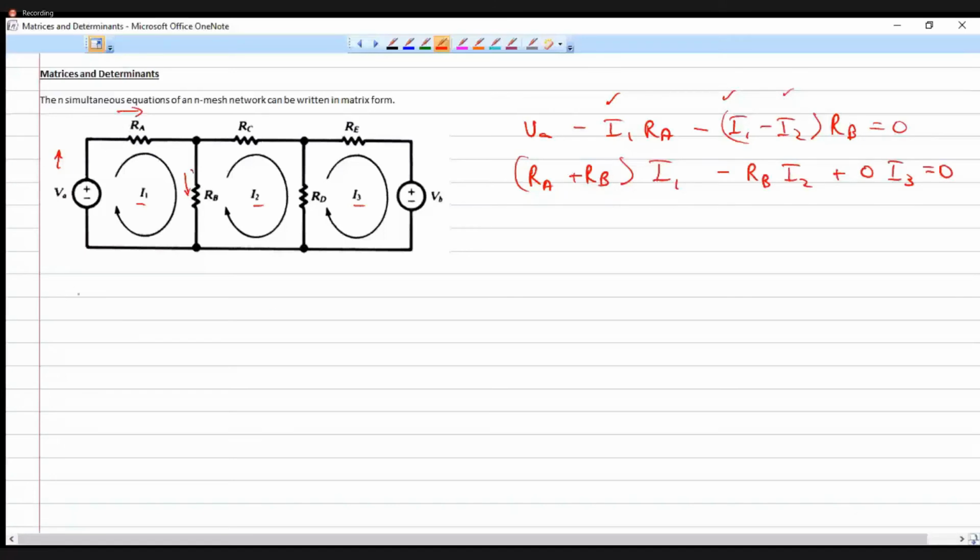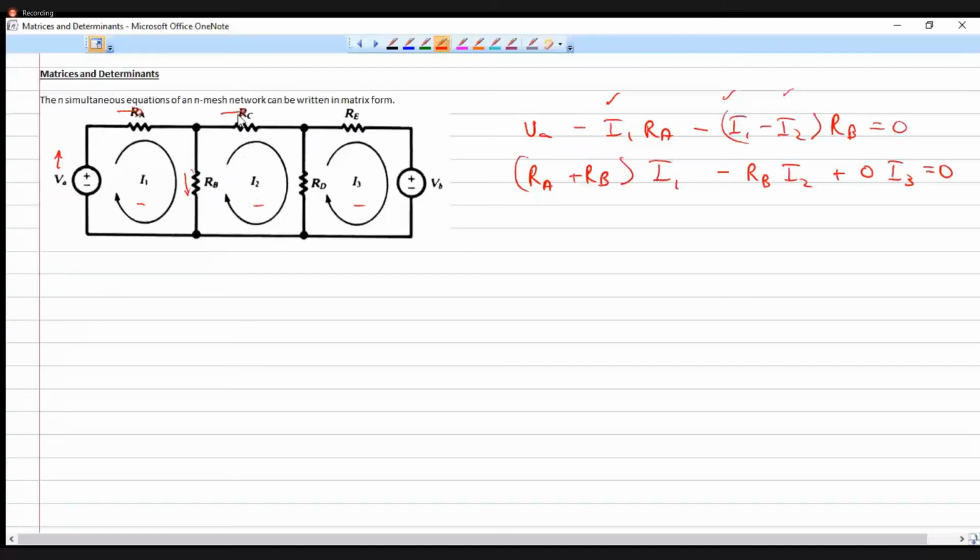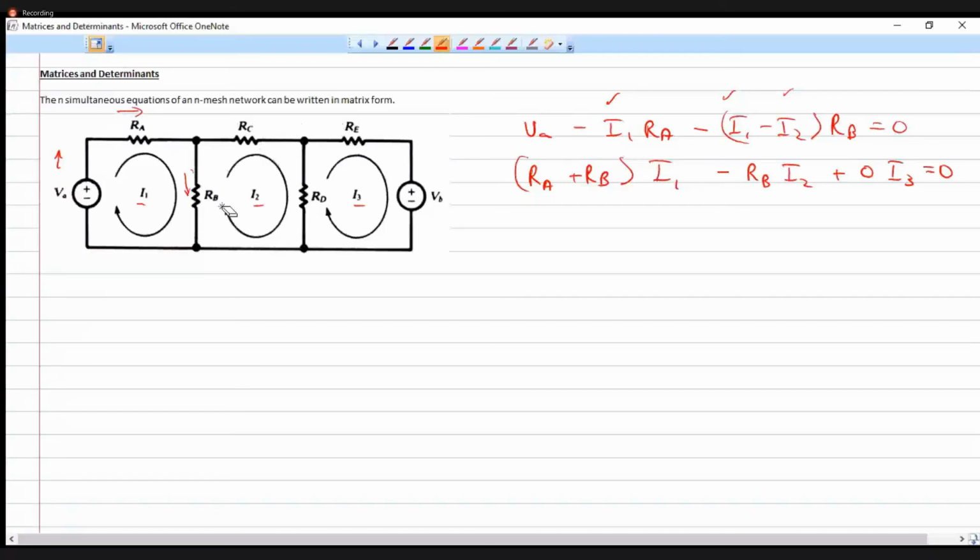Now writing KVL for the second loop, I will start here. Minus RB into (I2 minus I1), minus RC into I2, minus RD into (I2 minus I3) is equal to 0.